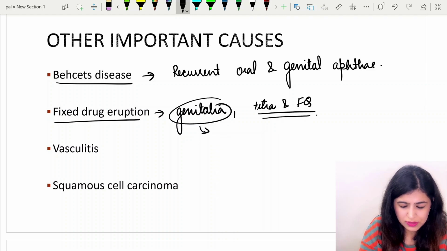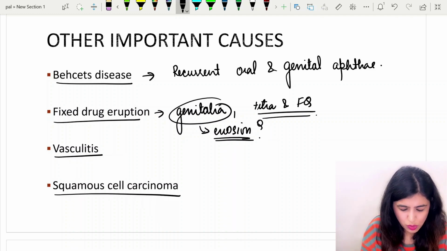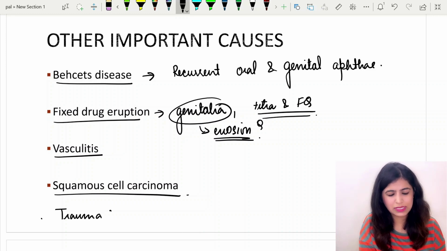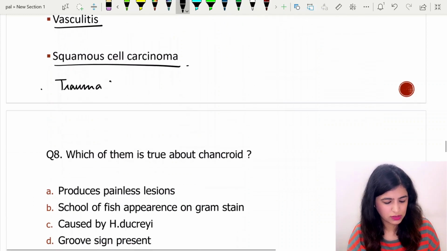This can present as an erosion. Then vasculitis and squamous cell carcinoma. Of course, trauma. These are other causes of genital ulcers, not infectious.